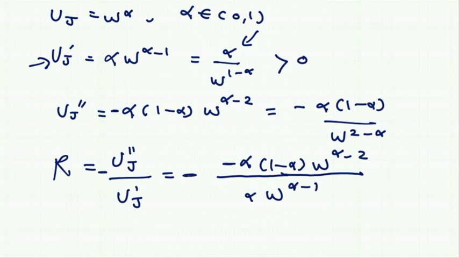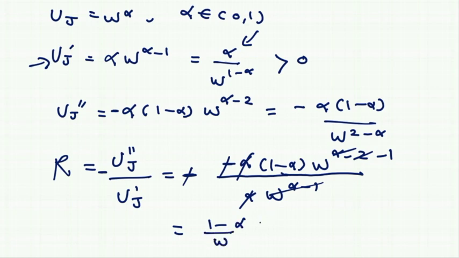Okay, minus meets minus, positive, alpha cancels, and then it becomes minus 1. So simplify it further. What you get here is basically 1 minus alpha over W.